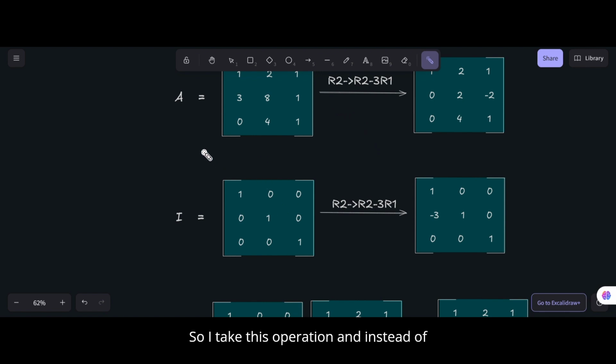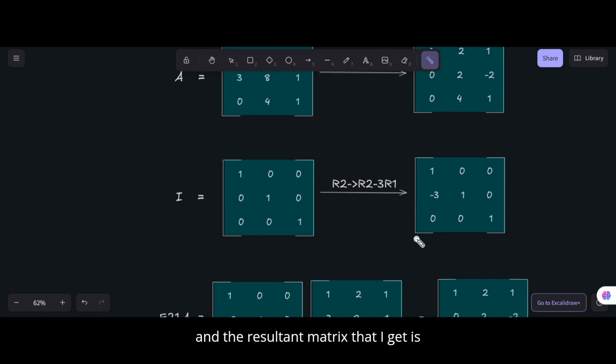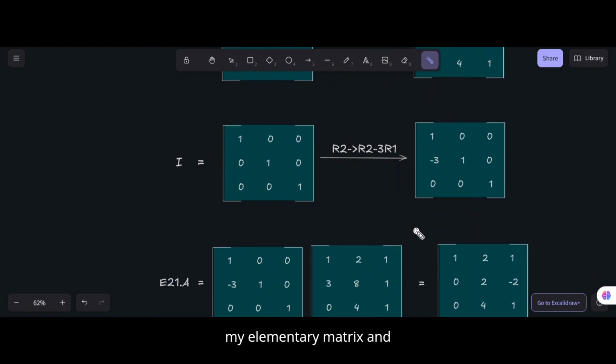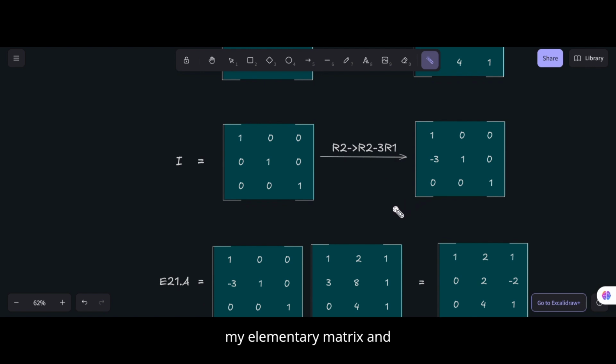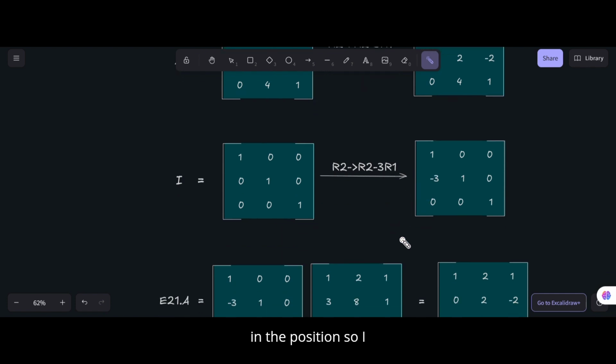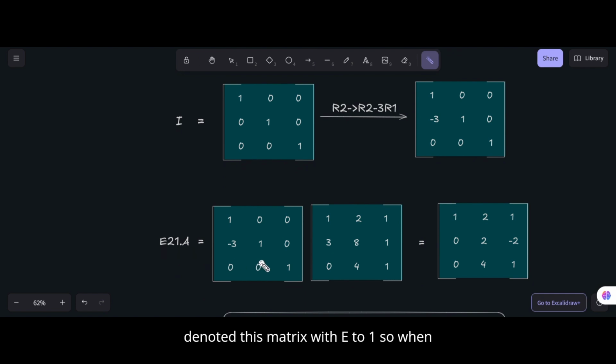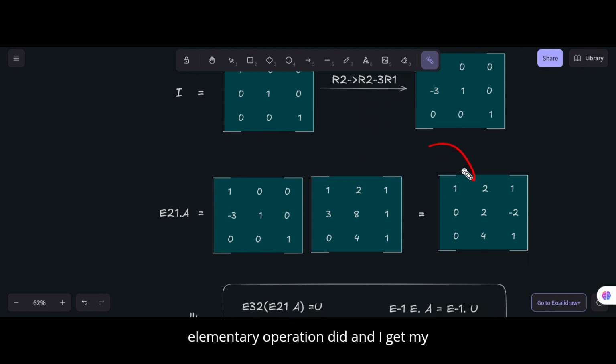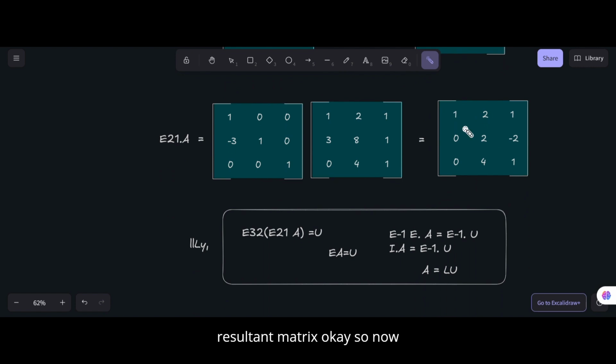I denoted this one with E21 because we used it to eliminate this entry in the 2,1 position. So when I multiply it with A, it does the same operation that my elementary row operation did, and I get my resultant matrix.